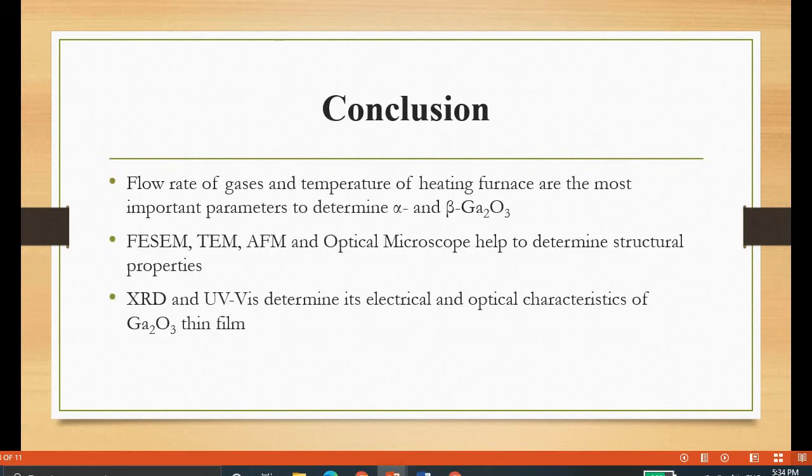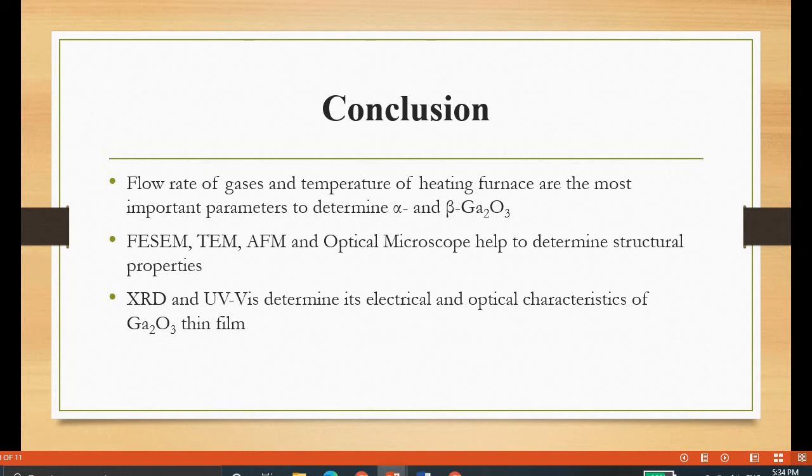And lastly, we come to the conclusion. In my conclusion, flow rate of gases and temperature of heating furnace are the most important parameters to determine the alpha and beta gallium oxide.